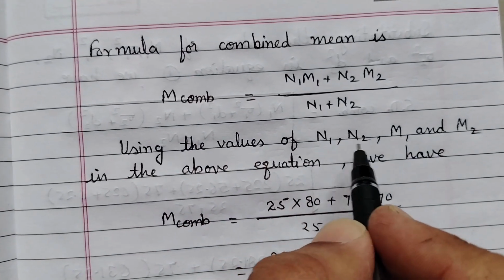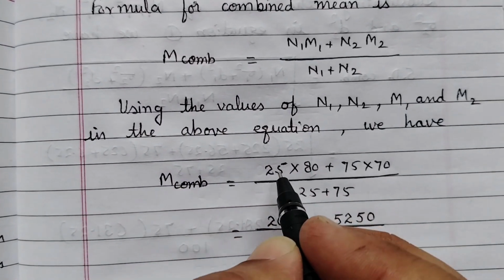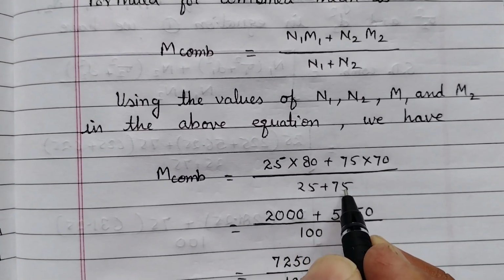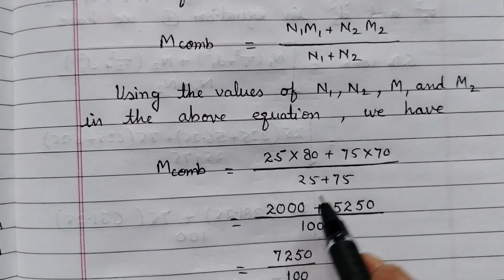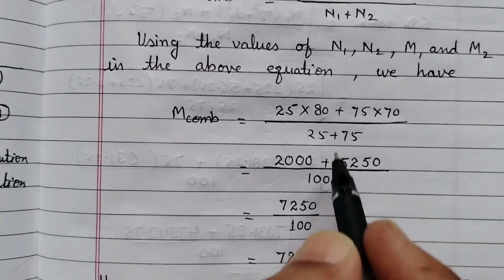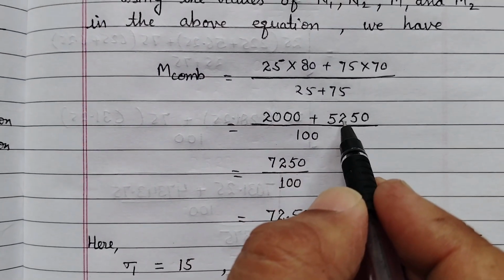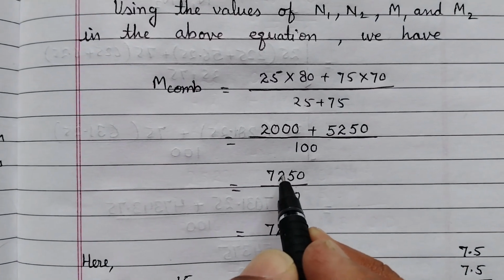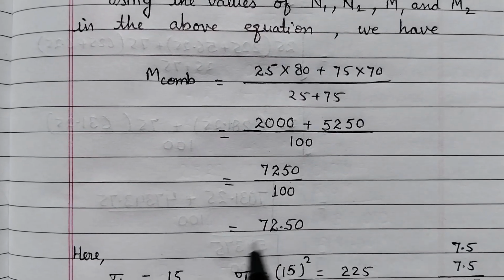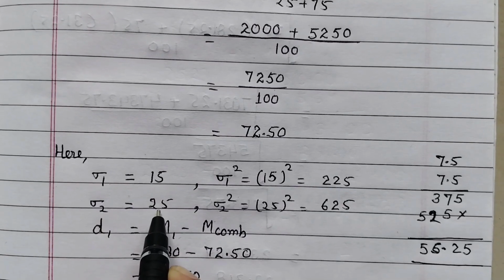Using the values, m combined is equal to 25 into 80 plus 75 into 70 divided by 25 plus 75. 25 into 80 is 2000 and 75 into 70 is equal to 5250, divided by 25 plus 75 which is 100. So 2000 plus 5250 is equal to 7250 divided by 100. It gives us 72.50.